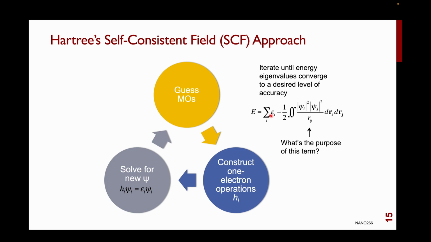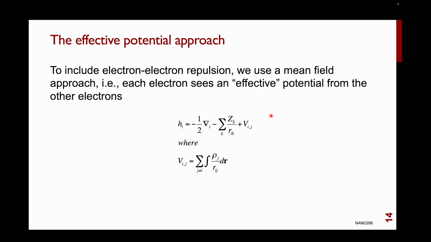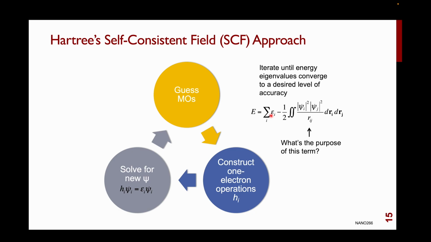Think of this equation. For every single electron, I am calculating the interaction of that electron with all other electrons. So what this means is that I'm actually double counting the interactions. When I'm counting the interaction between electron 1 and electron 2, and then calculating the Hamiltonian for my electron 2, I'm also calculating the interaction between electron 1 and electron 2.